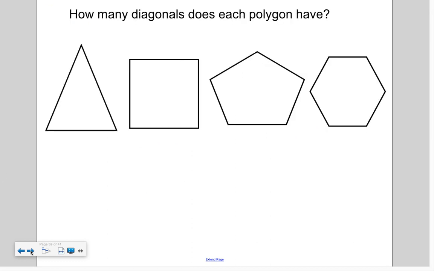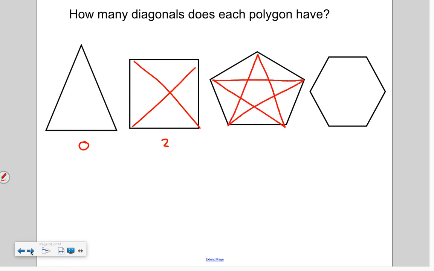Okay, so in this case, you can actually find a pattern of how many diagonals. There's no diagonals in a triangle. There's 2 in a square. We did this one. There's 5. And I think there were 9. Let's just double check. 1, 2, 3, 4, 5, 6, 7, 8, 9.